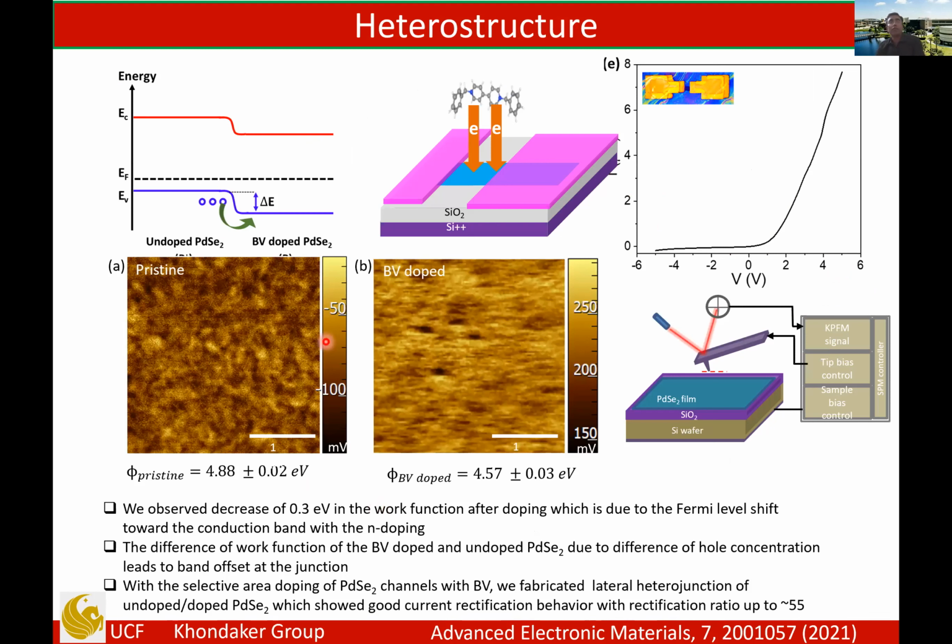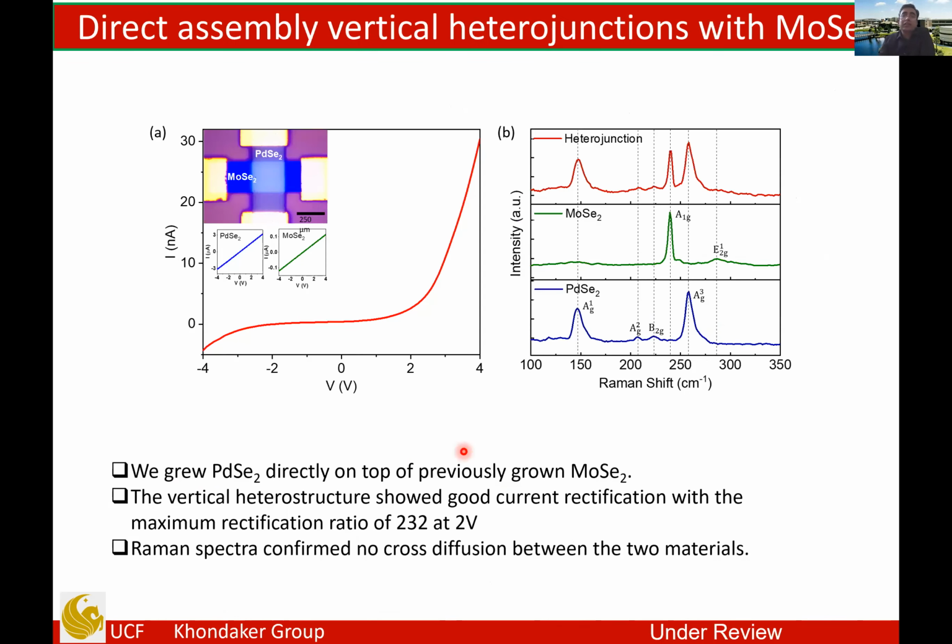So, we have a new tool that we recently obtained that allows us to measure the surface potential of the surface. This is a conductive KPFM, Kelvin Probe Force Microscopy. We can measure the potential, and you can see the pristine sample has 4.88 eV, while after doping you have a 0.3 eV band offset in the system.